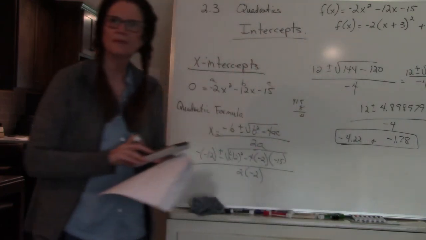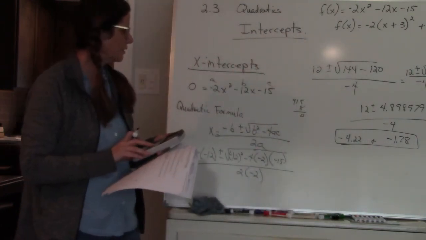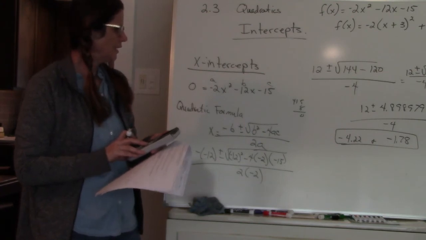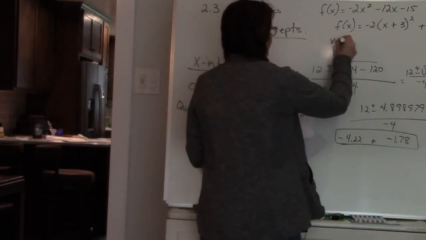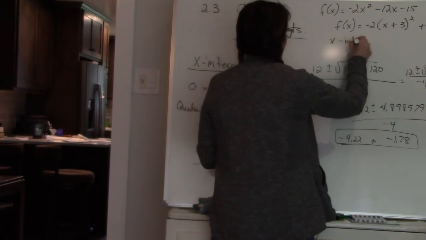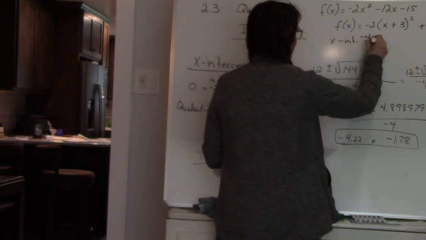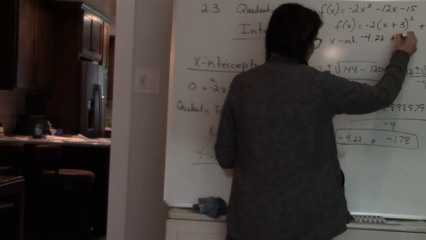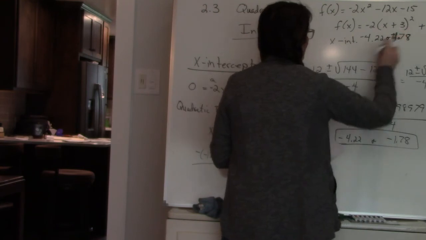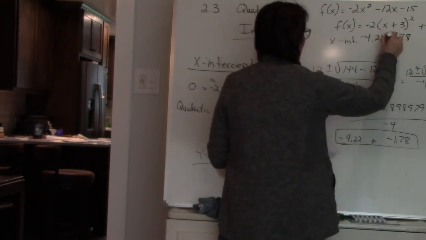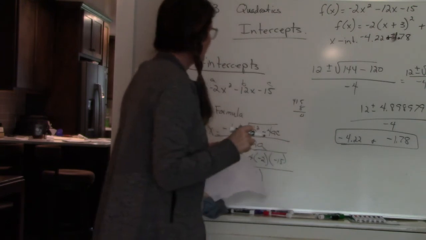Okay, those are the two x-intercepts, a negative 4.22, and a negative 1.78. Okay, so those are my two x-intercepts.